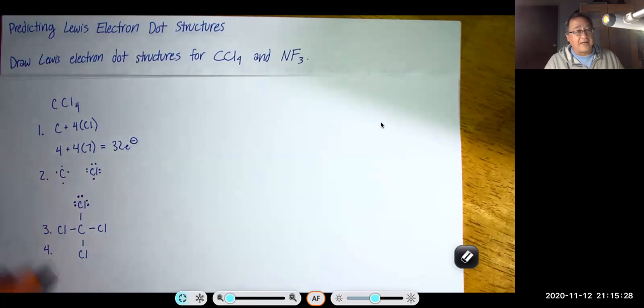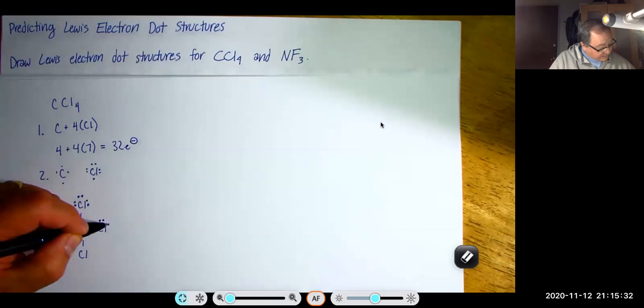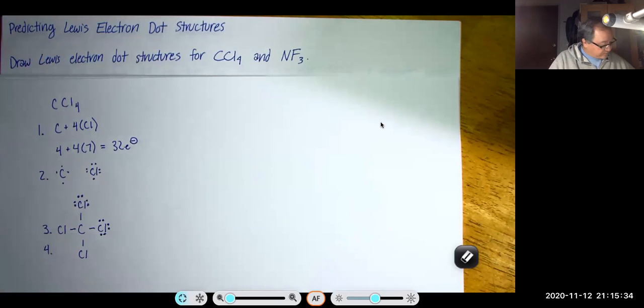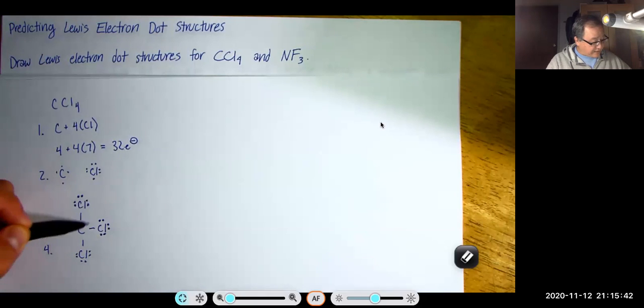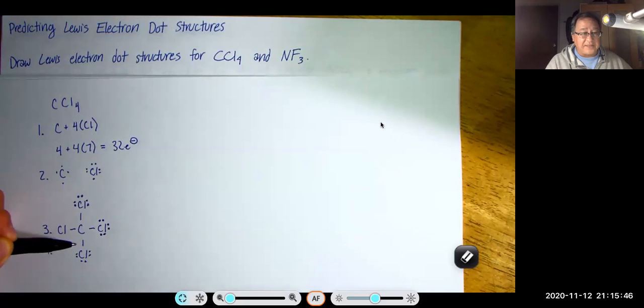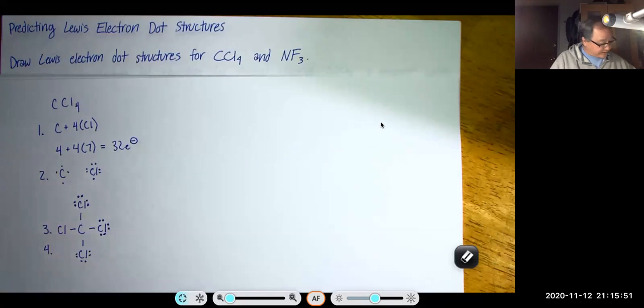So now that chlorine has an octet. And now that chlorine has an octet. And now that chlorine has an octet. How many have we used so far? Well, 8 here for that chlorine, 8 here for that chlorine, and 8 here for that chlorine. 8 times 3 is 24. 25, 26, we've used 26. 27, 28, 29, 30, 31, 32.